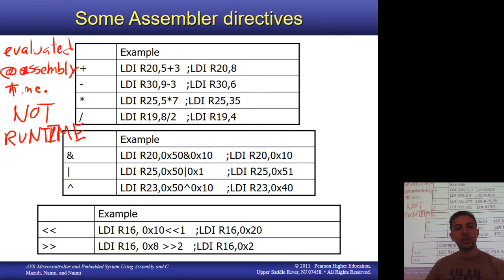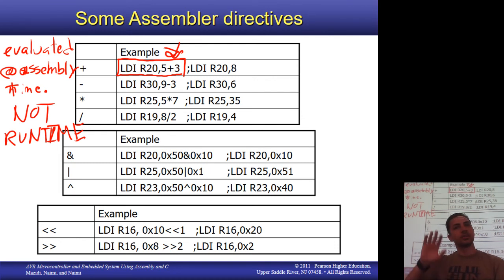So, for example, this instruction right here in no way runs as anything other than one cycle. It doesn't call the add instruction, okay? It is evaluated at assembly time. So at assembly time, it figures out that 5 plus 3 is what? It's 8.